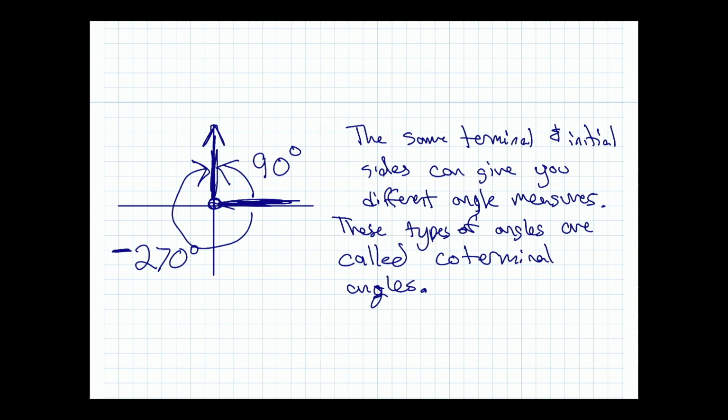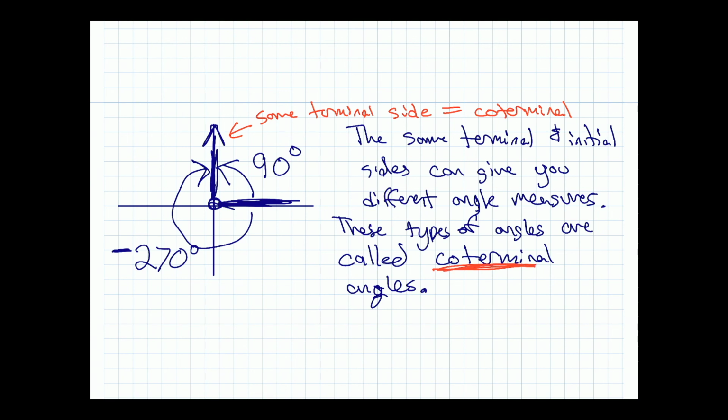Why are they called coterminal angles? Because literally the terminal side is in the same place, right? So this right here, same terminal side, coterminal. All right, and so that is a coterminal angle.